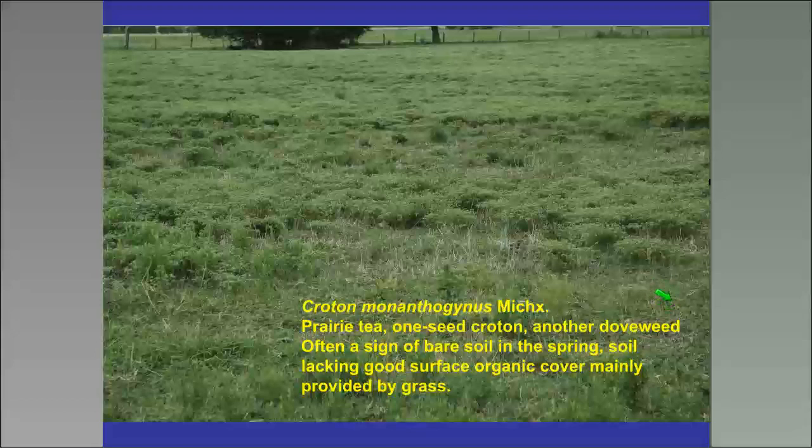There was very little cover, open, bare soil, and in the ecology of the land of Texas, this prairie tea, one-seed croton, the place that it fits is as a weed. And a weed comes up on bare ground.